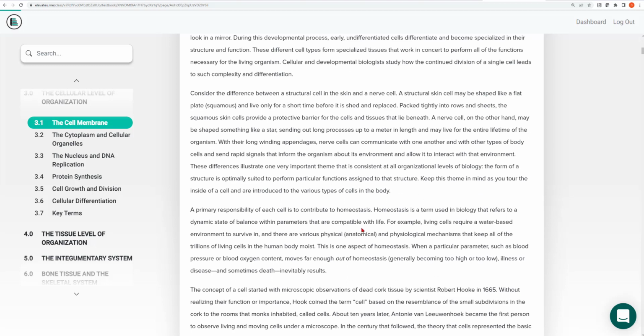Now, the major job of each and every cell is to contribute to homeostasis. Remember last time we discussed what are the characteristics of life, right? What are the things necessary for something to be living, right? They have the ability to reproduce. They have the ability to respond to their environment. They have a metabolism. That is, they take in energy and they use it to make things.